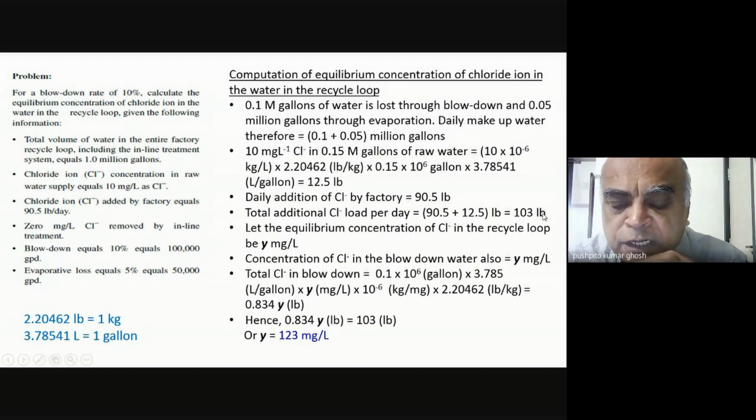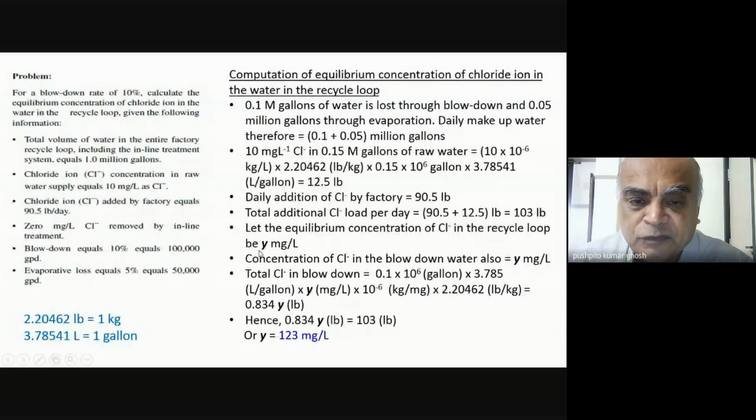Now, if you want a steady state operation, then the 10% of the wastewater which I'm discharging must contain 103 pounds of chloride, because then the amount that I'm putting in is compensated by the amount that is being discarded as blowdown. But I don't know what the concentration in the recycle loop is. That is what I have to estimate.